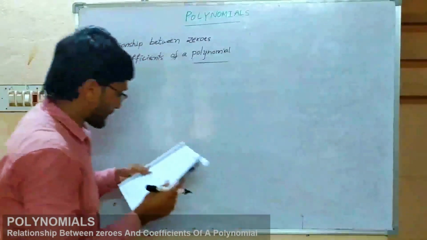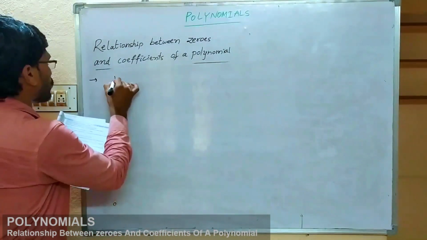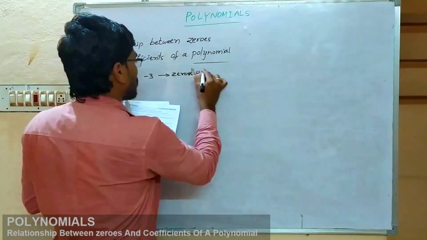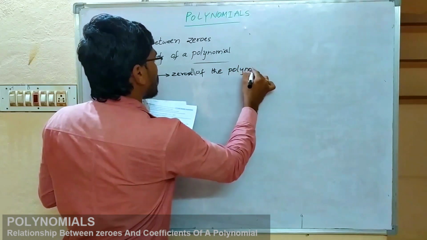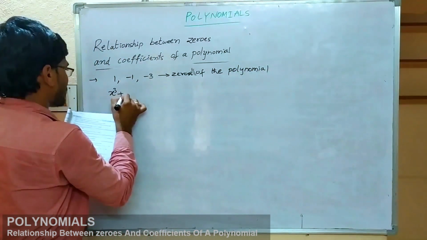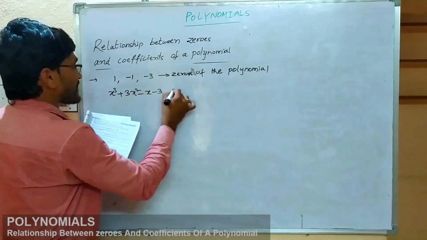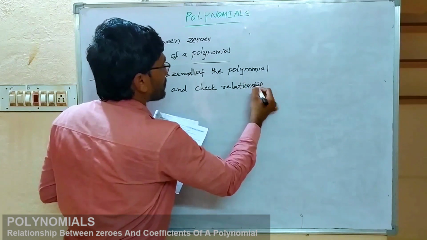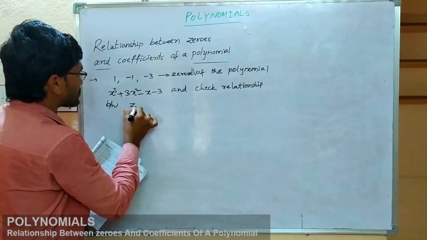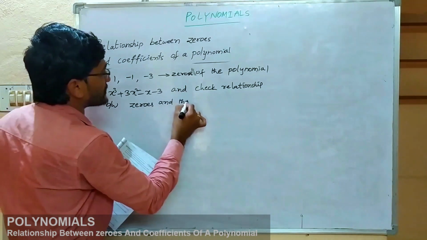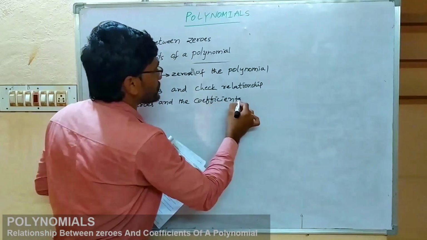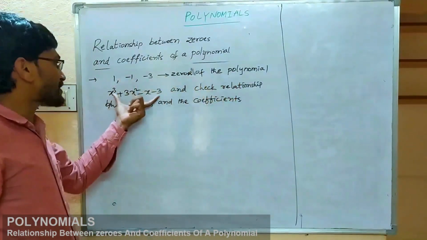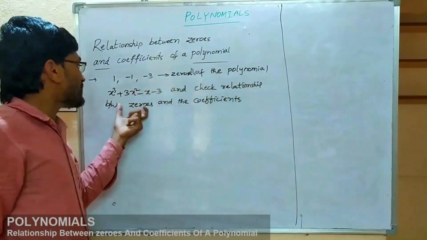Let's see one problem: verify that 1, minus 1, minus 3 are the zeros of the polynomial x cubed plus 3x square minus x minus 3, and check the relationship between zeros and the coefficients.